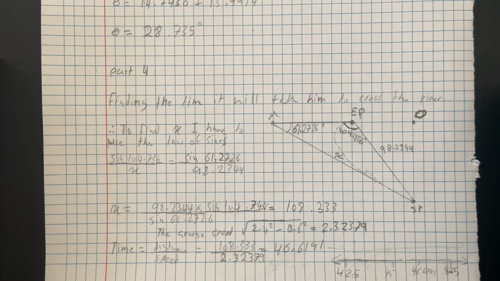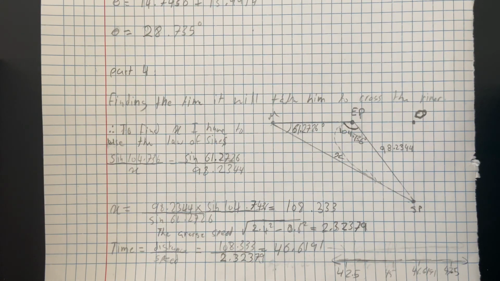Now we're trying to find the distance first. So x is equal to 98.2344 times sine 104.7436 over sine 61.2726, which is equal to 108.333. This is the distance from the start point to the point he must swim at.